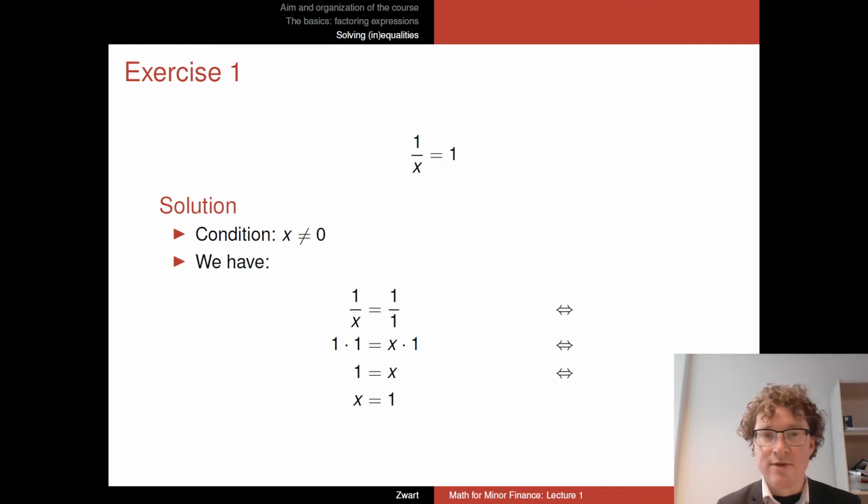Once we have that, we say 1 over x equals 1, so let's cross multiply both terms by x and by 1 if you wish. That reduces to x equals 1, no surprises there. This is an easy example. No problem.